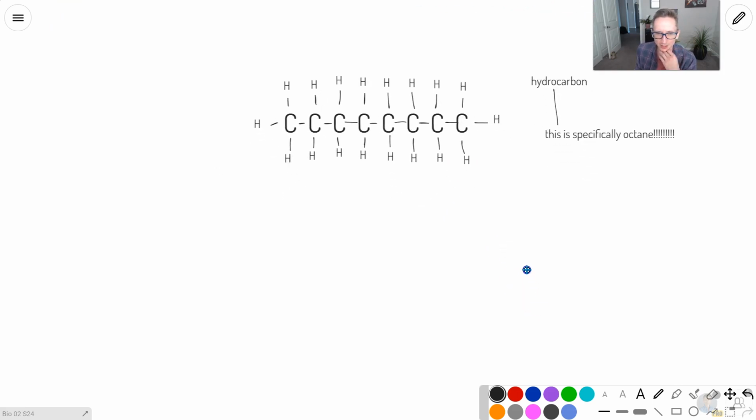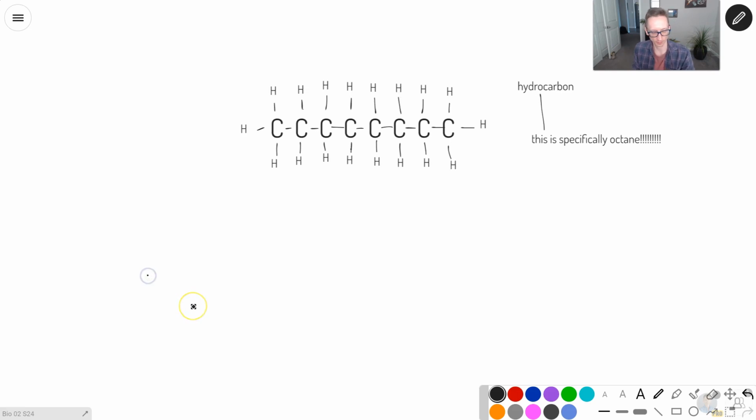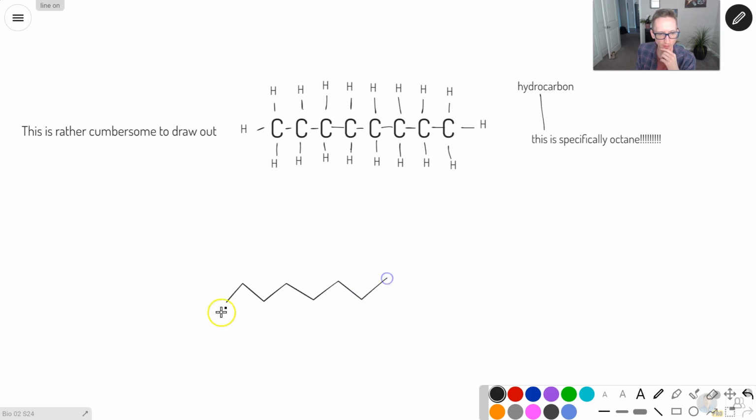Another way we draw this out is a skeleton form. The other is rather cumbersome to draw out, so there is a simpler way, and that's by doing this. I'll use this little line tool here. So we can draw out a hydrocarbon like this too. This is not perfect, but let's see, 1, 2, 3, 4, 5, 6, 7, 8.